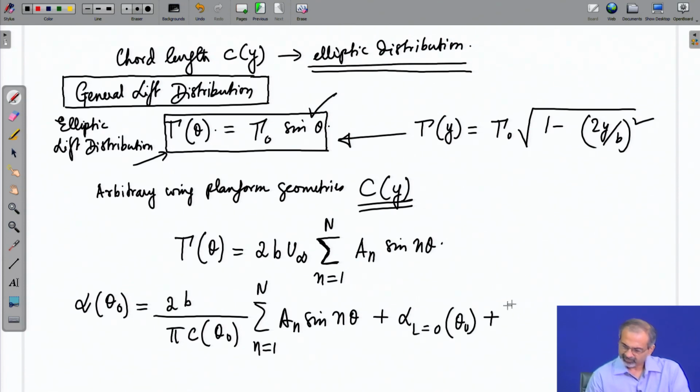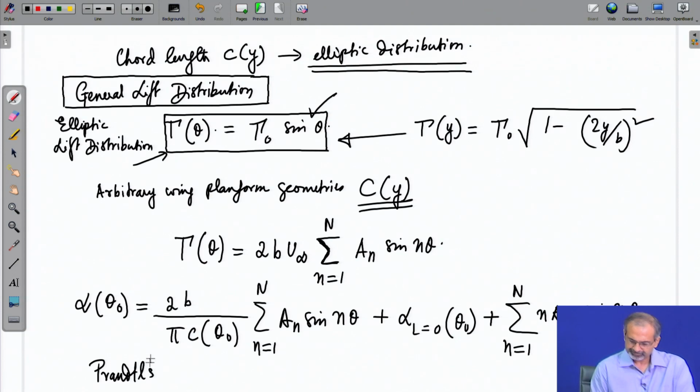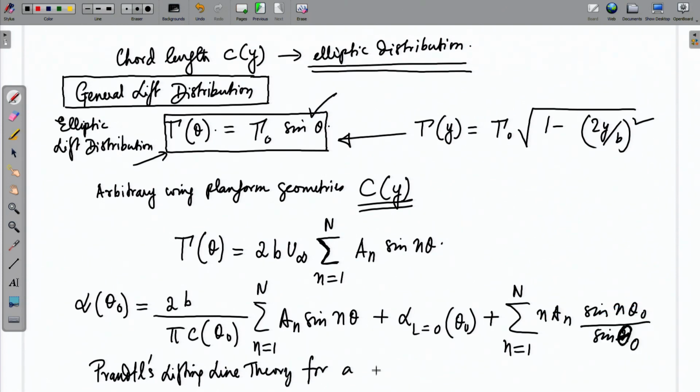So, from the Prandtl's lifting line theory expression, you can see that there is slight variation here because of a more general distribution. So, this would be sin theta naught. So, this is the Prandtl's lifting line theory for a general lift distribution.